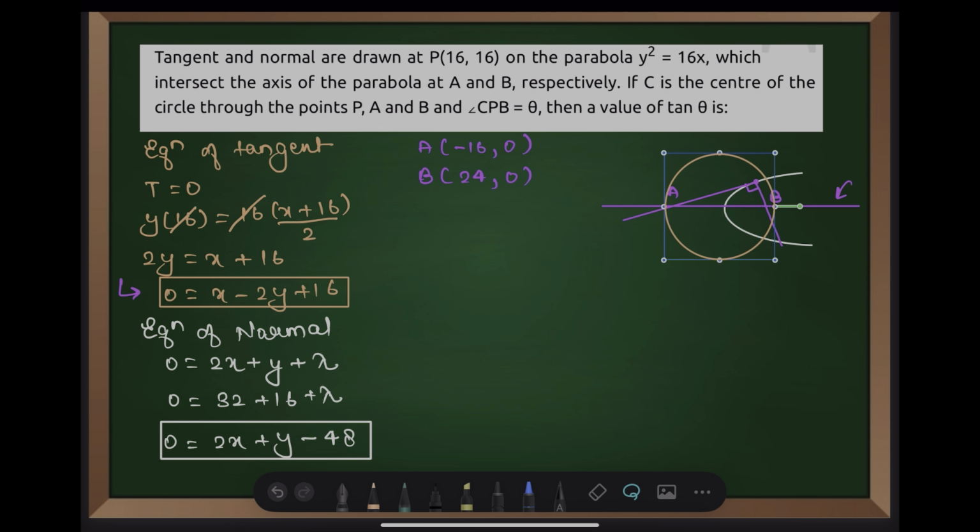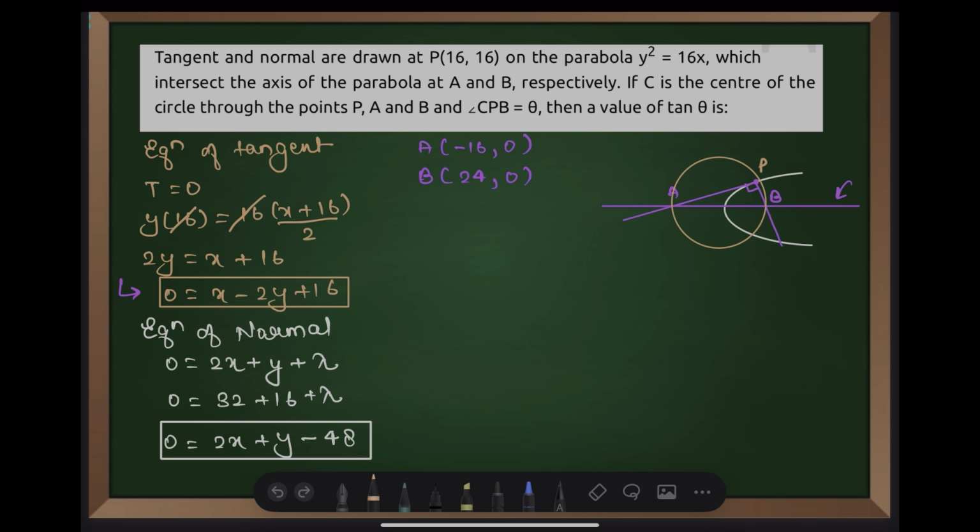But look at this. Don't you think if it passes through points P, A, B, AB will become the diameter, AB will become the diameter, correct or wrong? Because P is making 90 degrees, and you know that only in the semicircle case P will make 90 degrees.